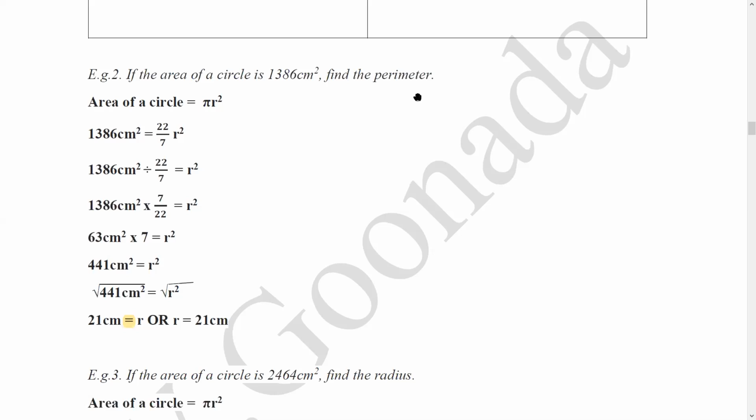So the radius is 28. Nice, so I get 28. Yes, 28.